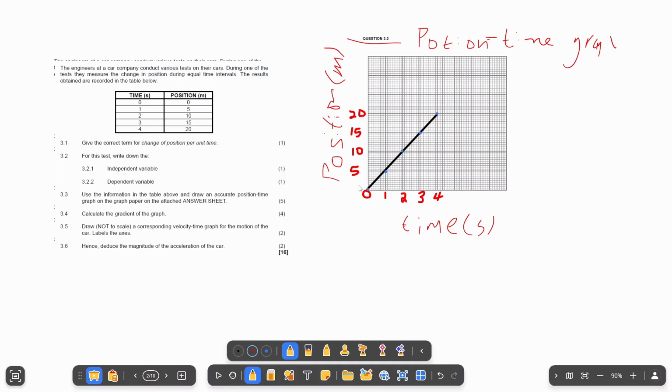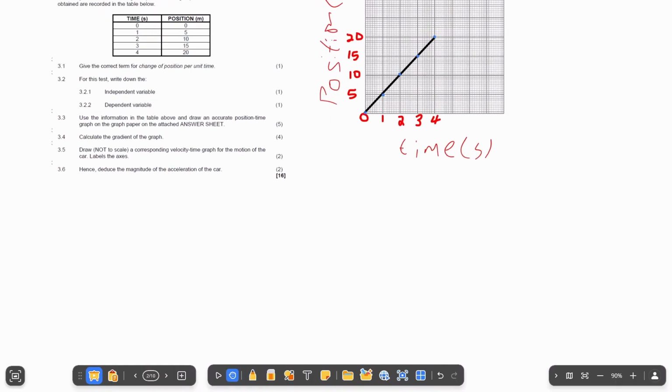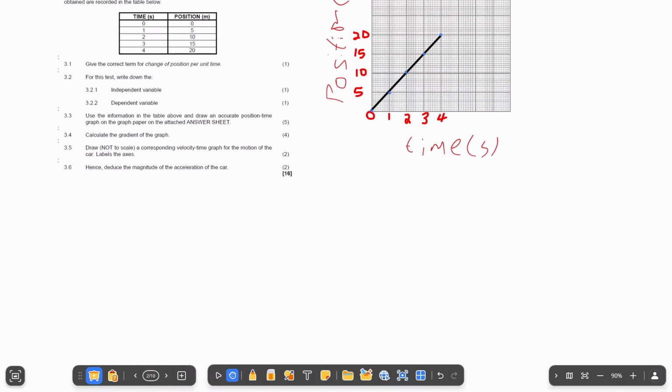So there we go. Now they say calculate the gradient of the graph. The gradient of the graph is the slope, the change in y over the change in x. In this case, let's write here 3.4. The gradient is what we're going to calculate.